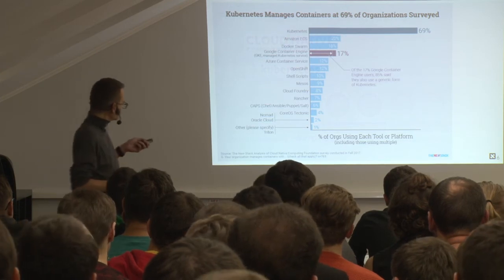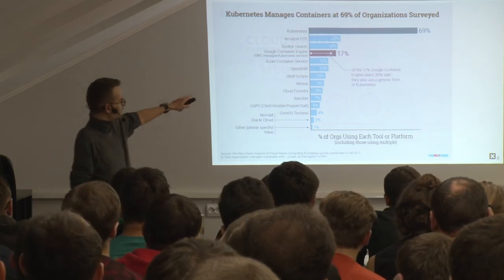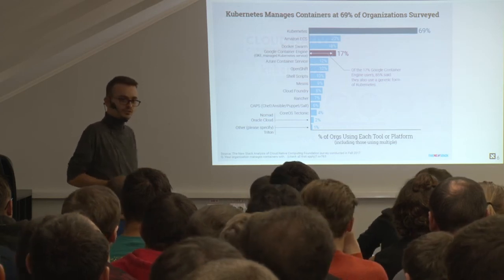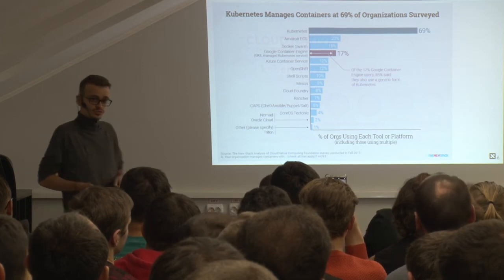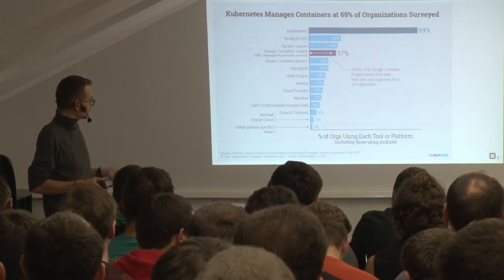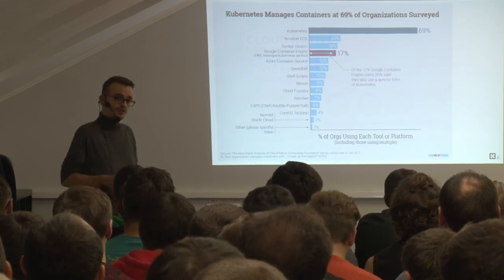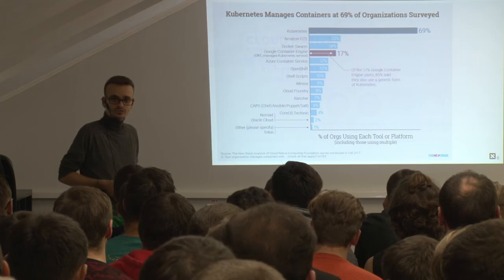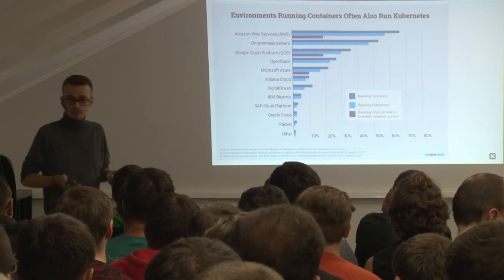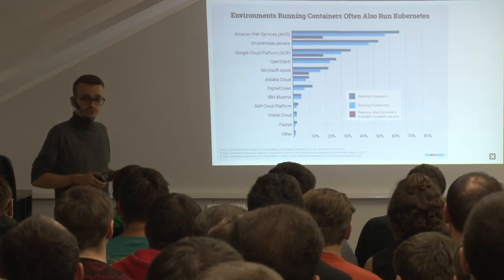Even on this slide, I'm sorry about the small font, you can notice that last year 69% of respondents were using Kubernetes, plus 17% using Google Kubernetes Engine, which is also built on top of Kubernetes. And here you may notice OpenShift, yet another commercial solution built on top of Kubernetes. So Kubernetes today is really the dominating technology in the container world. In almost every kind of cloud or bare metal environment, you may find Kubernetes as the primary solution for running your containers.